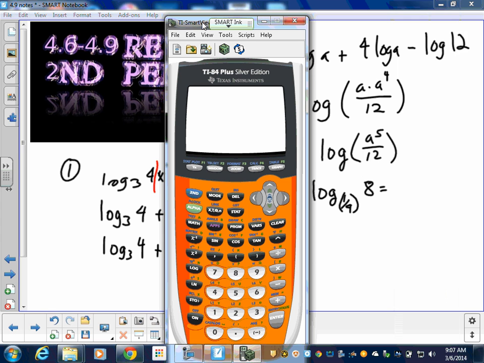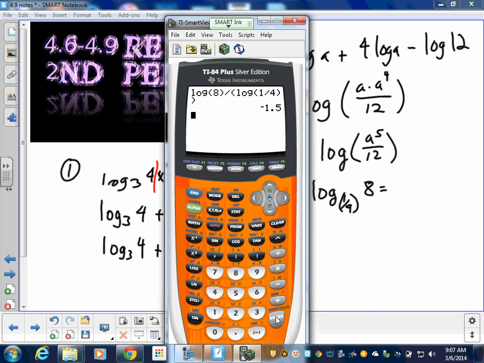And remember, it's log of 8, close the parentheses, divided by, again, this says 0.25, I wrote a fourth. The reason I wrote a fourth is because I want to show you, guys, if you mean 1/4, you have to close the parentheses around that 1/4. And so now this is the log of 8 divided by the log of 1/4. And hopefully you'll see that you get -3/2 right there.